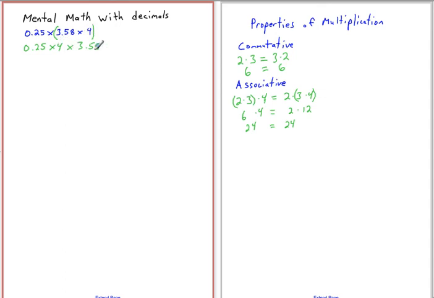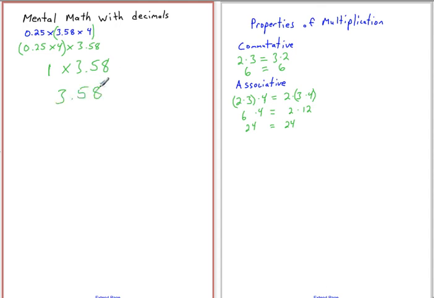I can put the 4 in front. And then using the associative property, I can say, let's do these two first. And I know that 4 quarters makes $1, so 4 times 0.25 is going to be 1. And then times 3.58, that's real easy because 1 times anything is anything, or in this case 3.58.